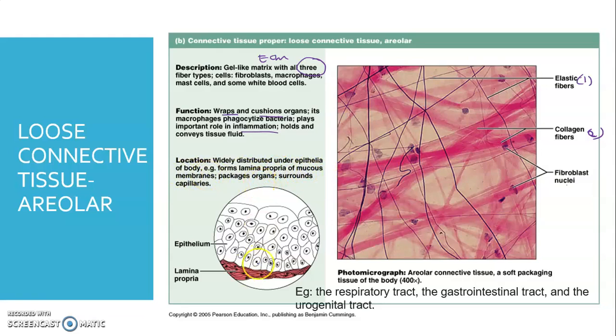For example, it forms the lamina propria of the mucous membrane. So basically, it can be found around the respiratory tract, where of course we can find the epithelial tissue, and also around the gastrointestinal tract and the urogenital tract. Actually, all these three locations consist of the lamina propria.